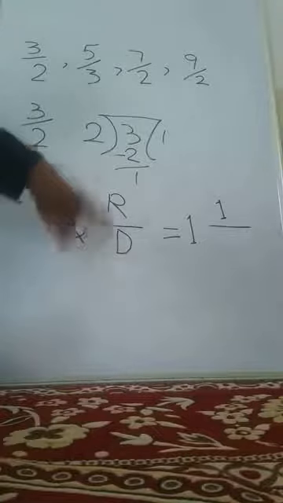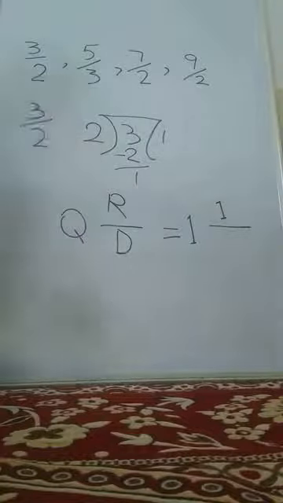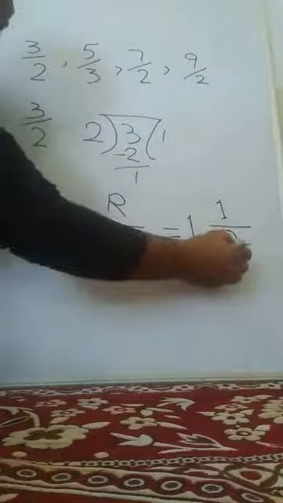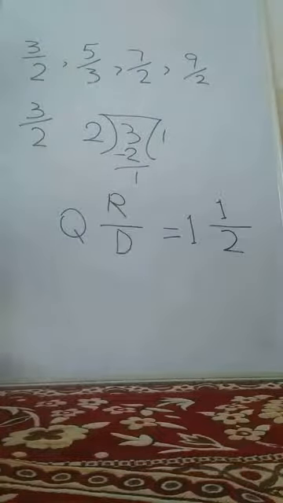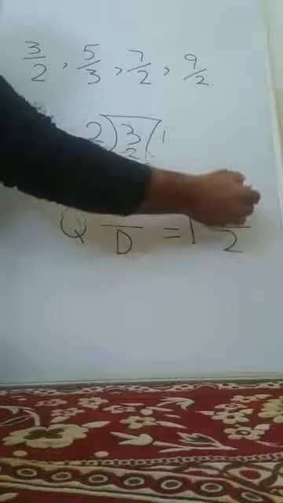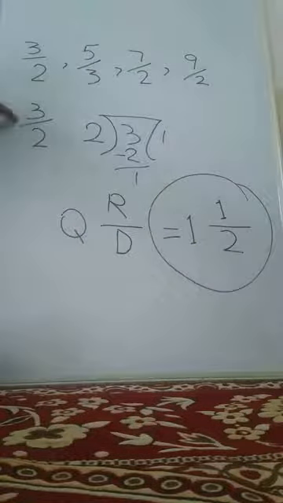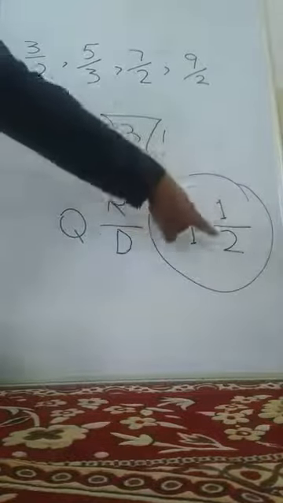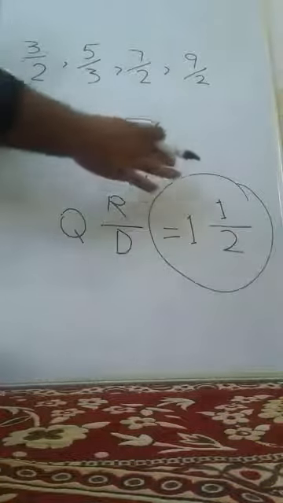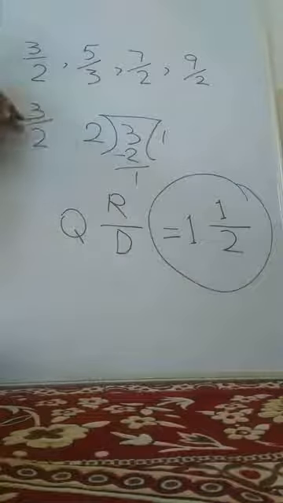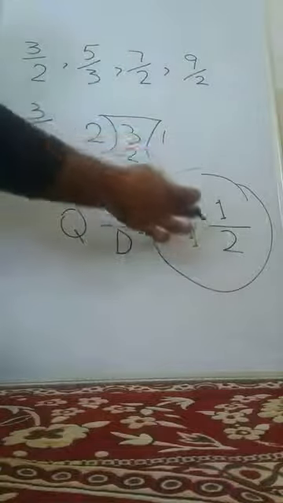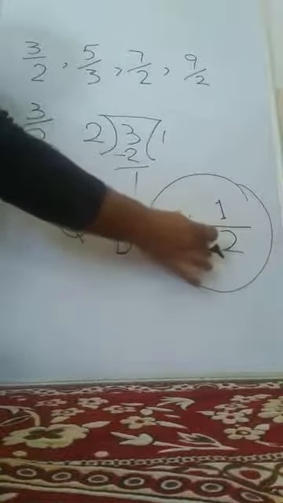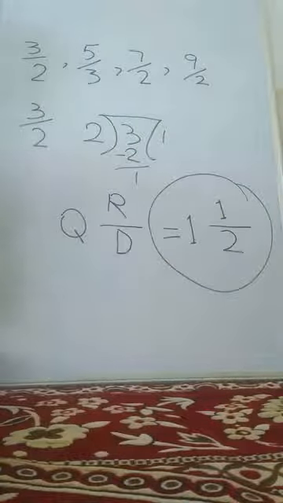D means divisor, which is 2, write 2 in place of D. This is the mixed fraction. 3 by 2 is equal to 1 and 1 by 2. They are the same number. Here we have converted it to a mixed fraction, which is 1 and 1 by 2.